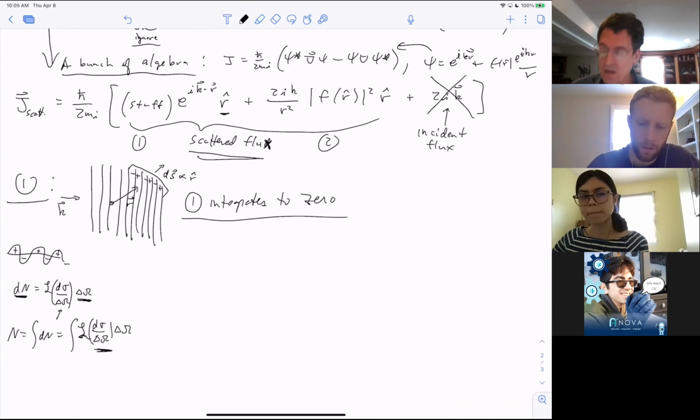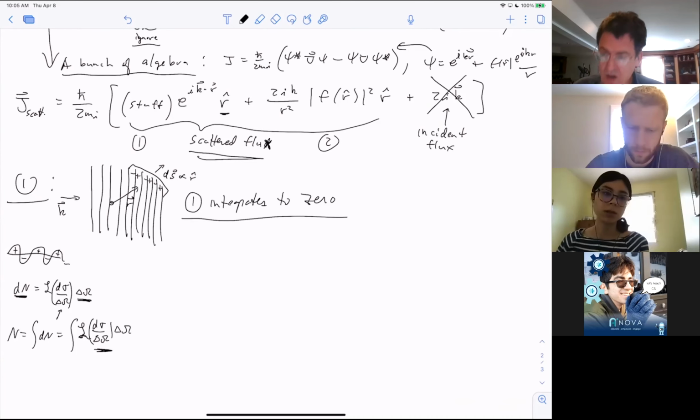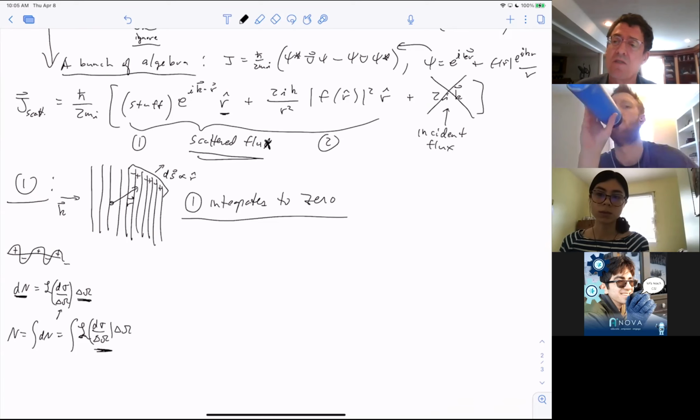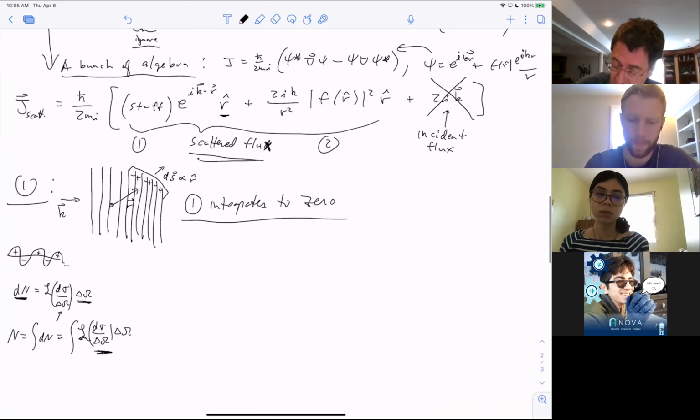Okay. Is just over omega enough, or do we have to integrate it over the surface dS as well in order to get that term one to be the integral? Well, when we calculate the total cross section, we integrate over solid angle, because that's the definition of total cross section. But what we're doing now is we're trying to define the differential cross section, and to define it, we're actually doing a flux.